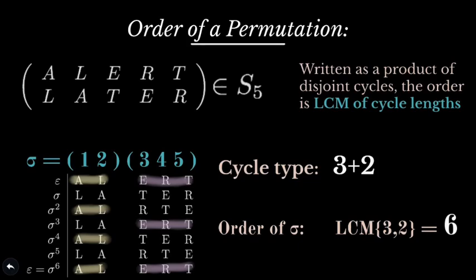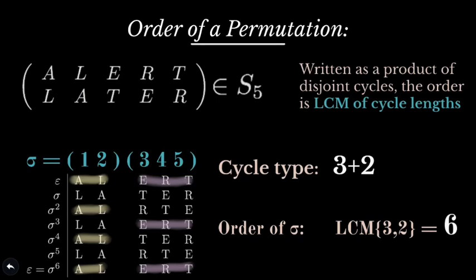Exactly. The smallest positive number that's both a multiple of 3 and a multiple of 2 is going to be equal to the order of this permutation, because that's the first time that all of my symbols are going to have come back to their original positions. So once my permutation is written as a product of disjoint cycles, we can find the order of that permutation by taking the least common multiple of the orders of the cycles themselves, which is the same thing as the cycle length.